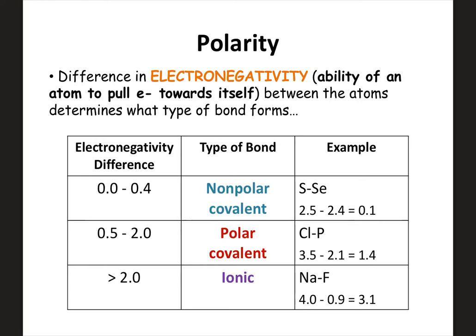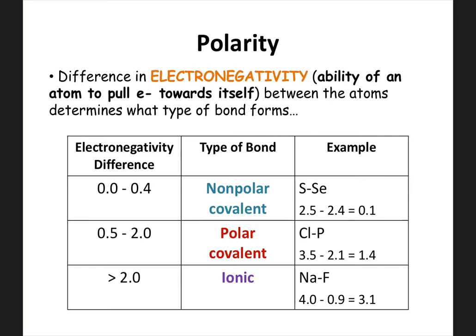When you get a greater electronegativity difference, this middle one here, that's when you get unequal sharing of electrons. If the difference is great enough that one of these atoms has a greater electronegativity, it's going to win the tug of war, and it's a polar covalent bond. Ionic is when you have such a great difference between a metal and a non-metal that the electronegativity difference is usually off the charts.